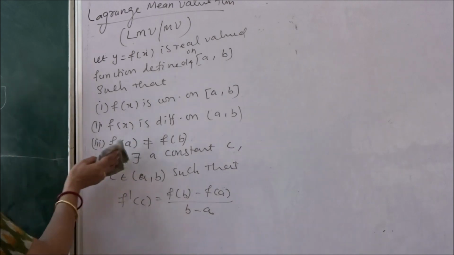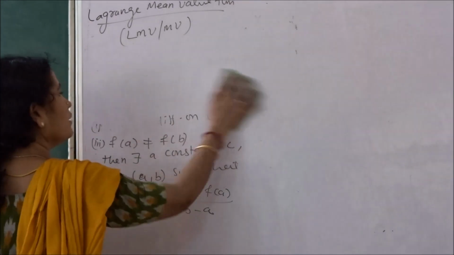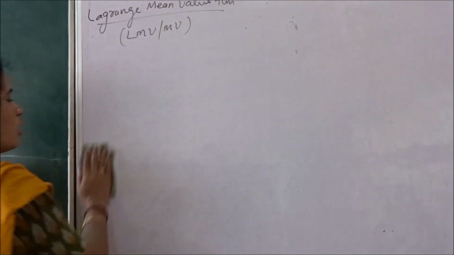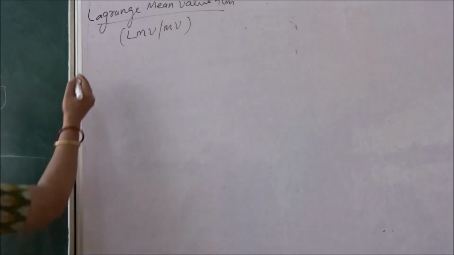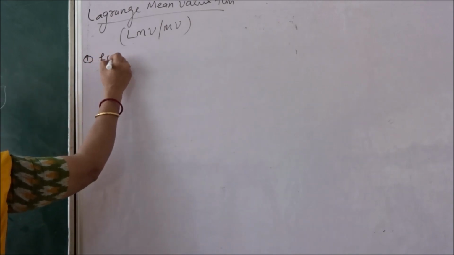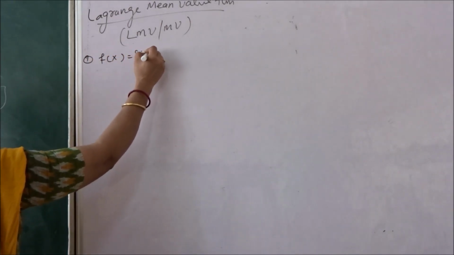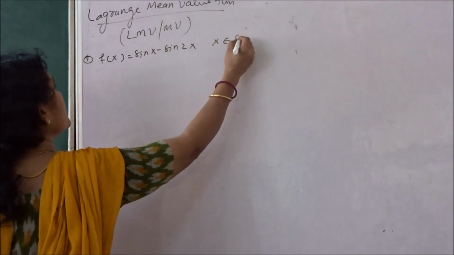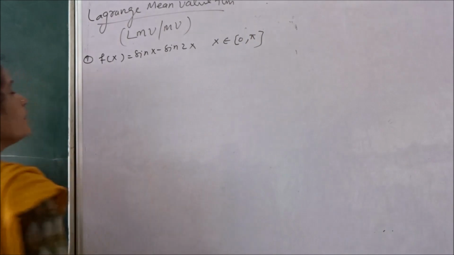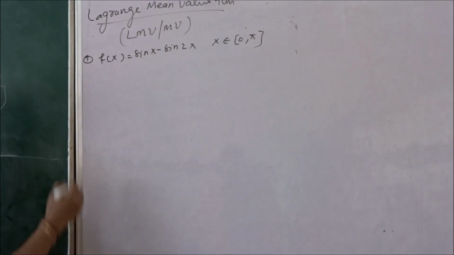Let us see some examples of this LMV so that you will be clear how to use this statement in a question. Now let me start one question. First for LMV I am taking f of x equal to sin x minus sin 2x, where x belongs to the closed interval 0 to pi. Let us verify LMV here.